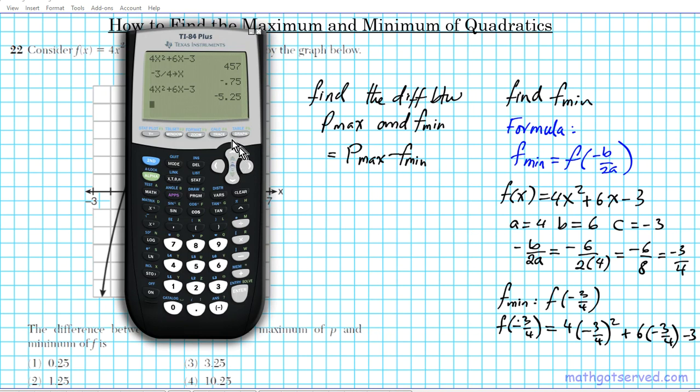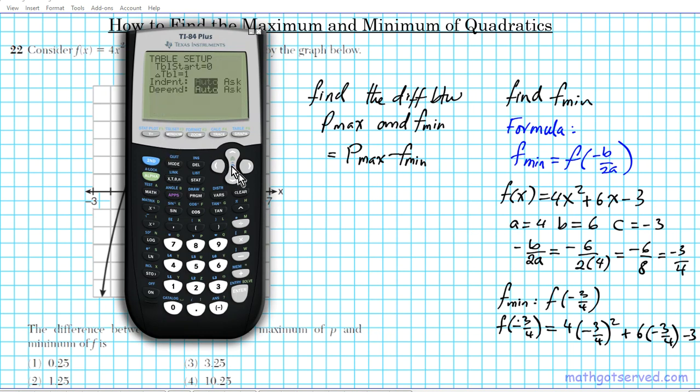Another way you can do this is by using your table function. You go to y, enter the function into y, and then look for what the output is. Let me show you how to do that real quick. So if you have 4x squared plus 6x minus 3, enter. And then you go to the table setup, right here on the top of the window.